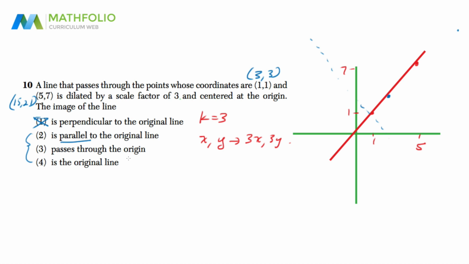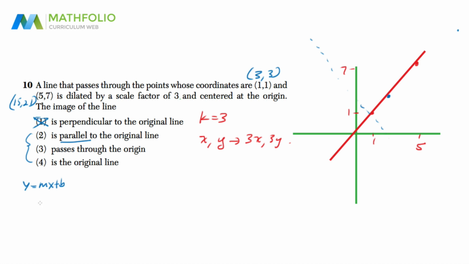So let's think what happens. Let's get the equation of the first line. The first equation is y equals mx plus b.